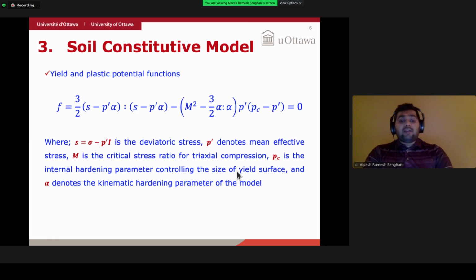So here the formula is right there. Some of the variables: s is stress minus p prime I. p prime is the mean effective stress. We have the critical stress ratio from the triaxial compression. pc is the internal hardening parameter. And then we also have alpha, which is the kinematic hardening parameter of the model.